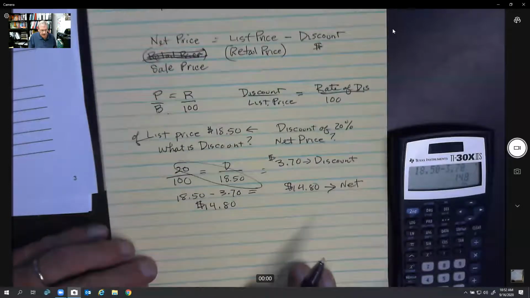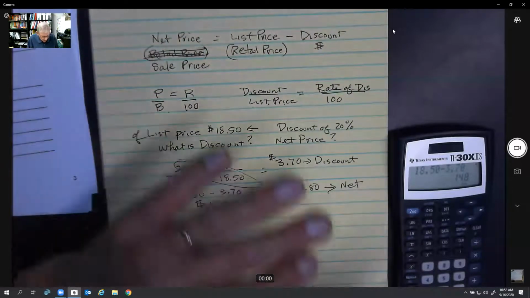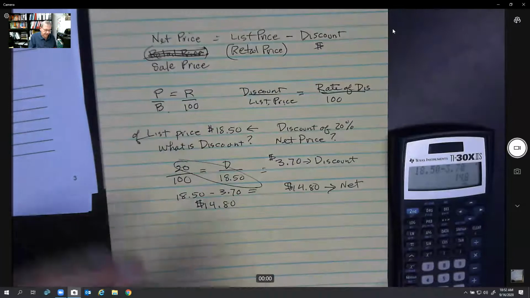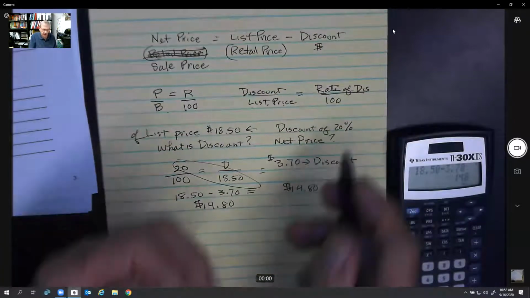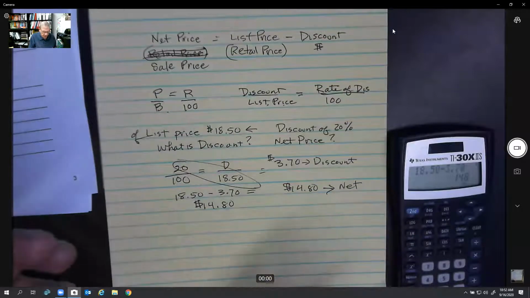Okay, another way you can do this problem without using a proportion is this. When you want to take a discount of 20% of something, of usually means multiply.